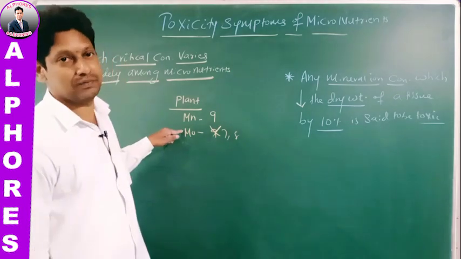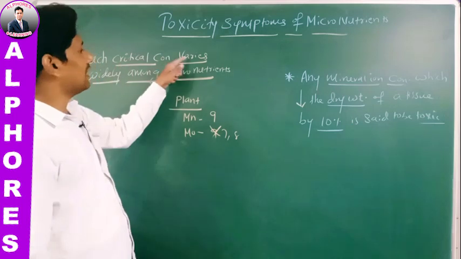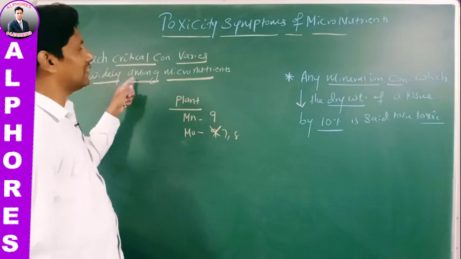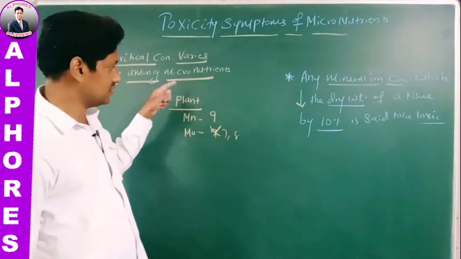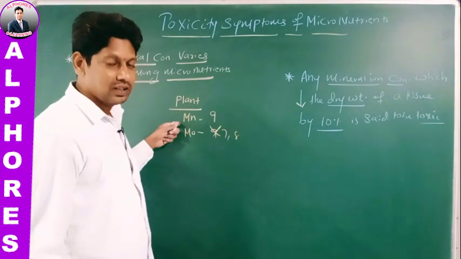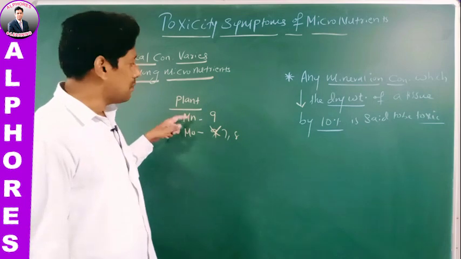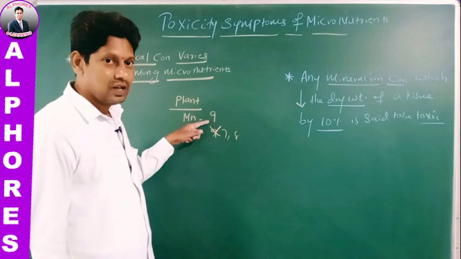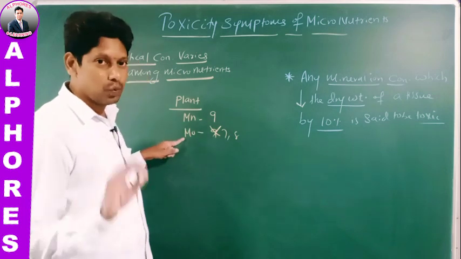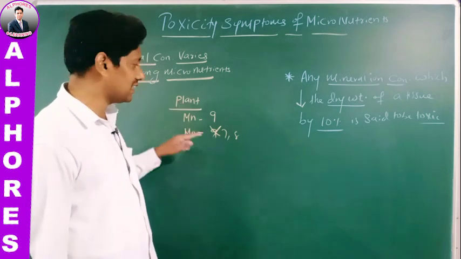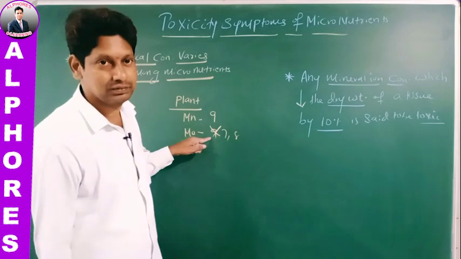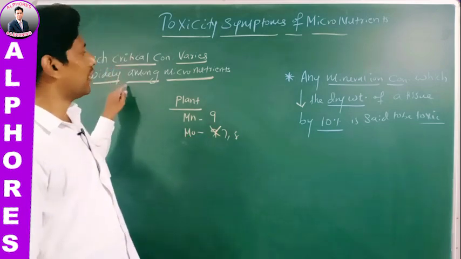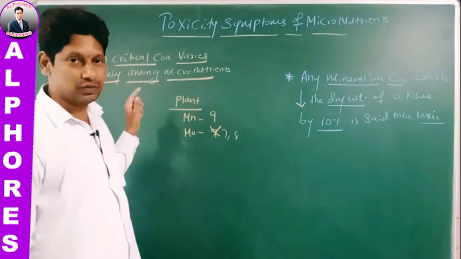Therefore, such critical concentrations vary widely among the micronutrients. If manganese becomes toxic at a concentration of 9, then molybdenum won't be toxic to the same plant at 9.